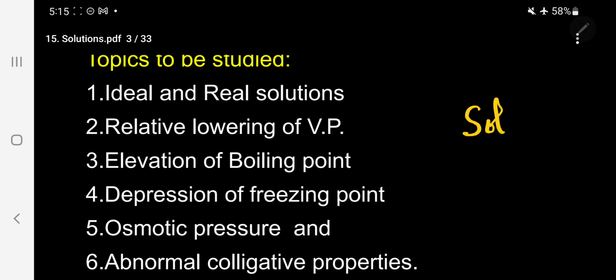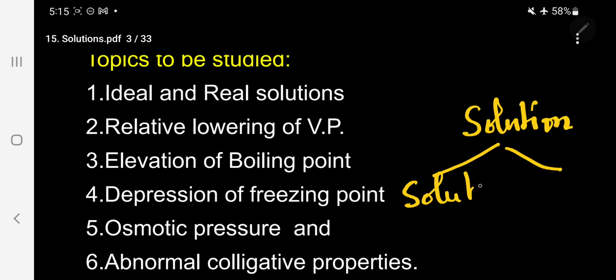First thing is, what is a solution? You must know. Solution means there will be a solute and there will be a solvent. Please follow. It's either two things. You can raise a question: how to identify, sir, what is solute, what is solvent?